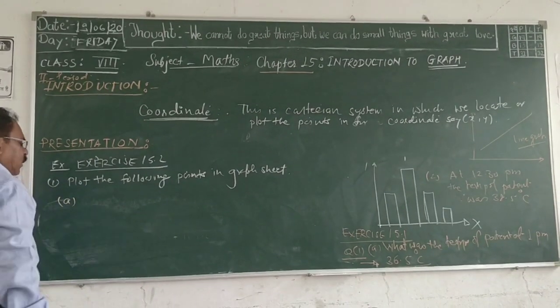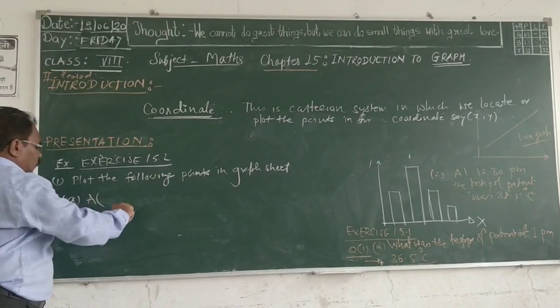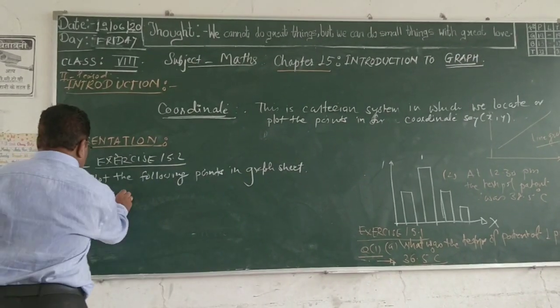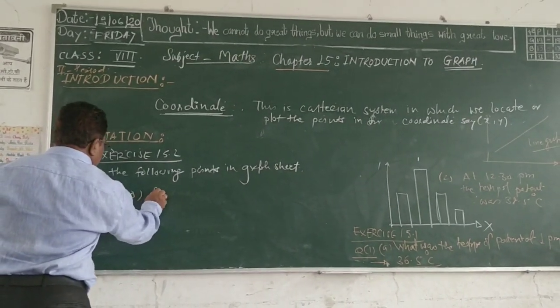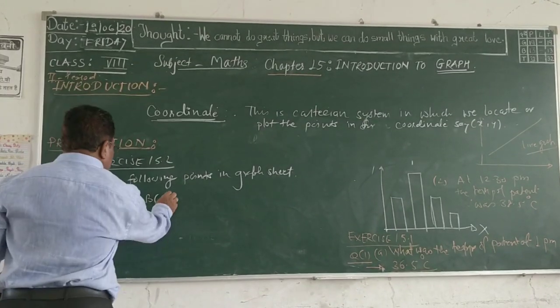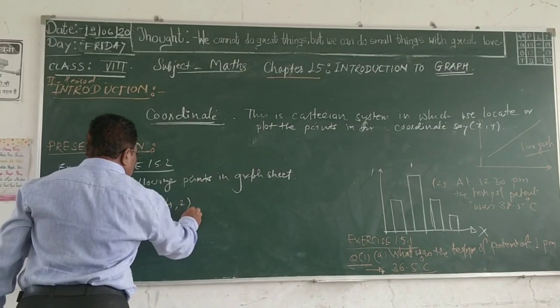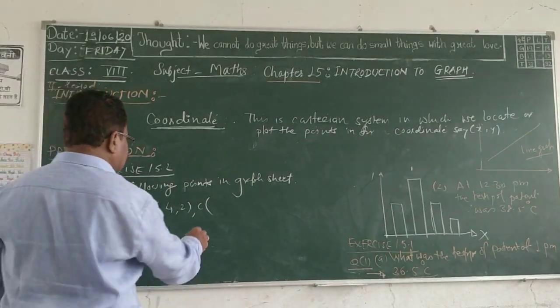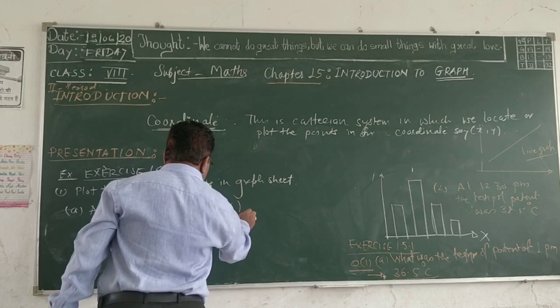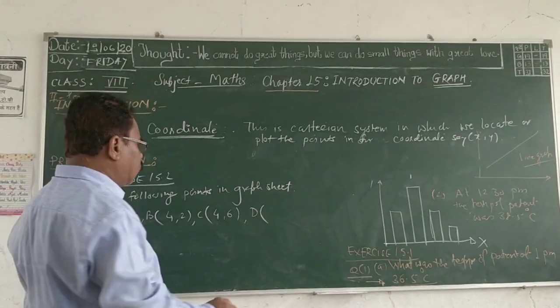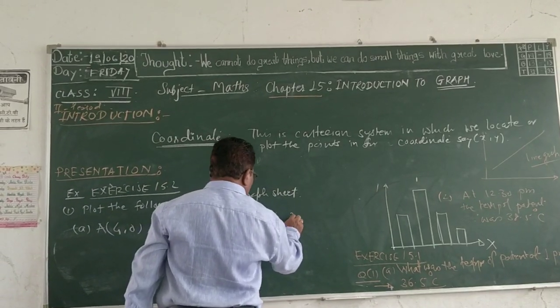Suppose the points are like this: A, whose coordinates are 4, 0; B, whose coordinates are 4, 2; point C, whose coordinates are 4, 6; and point D, whose coordinates are 4, 2.5.